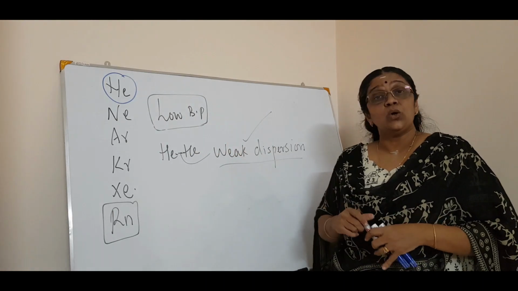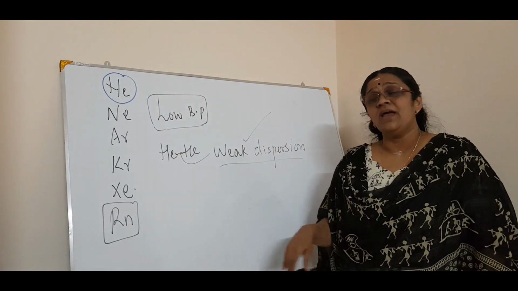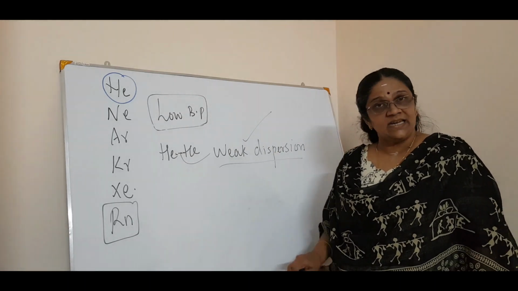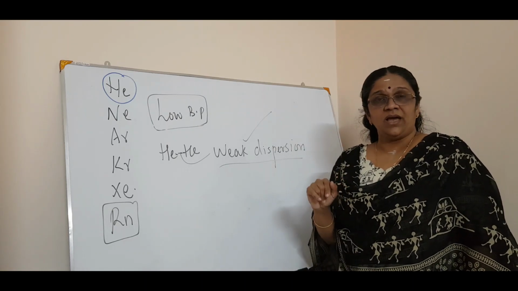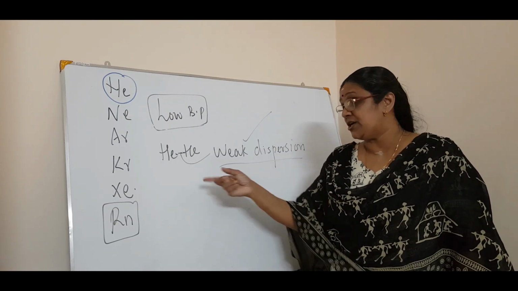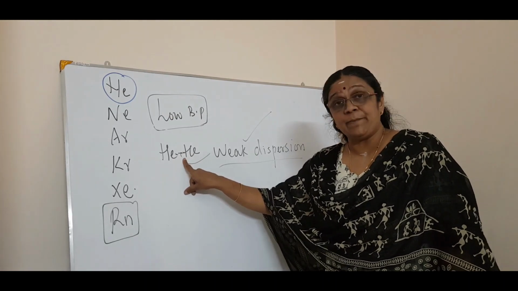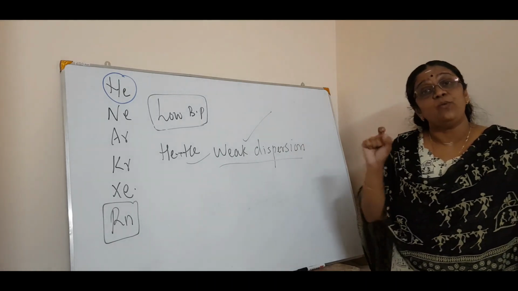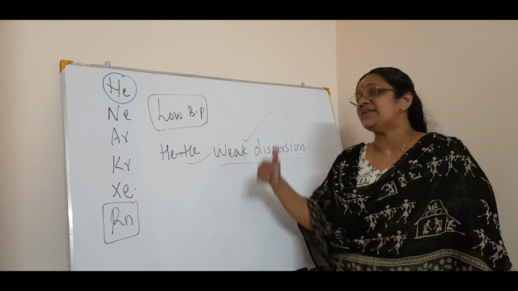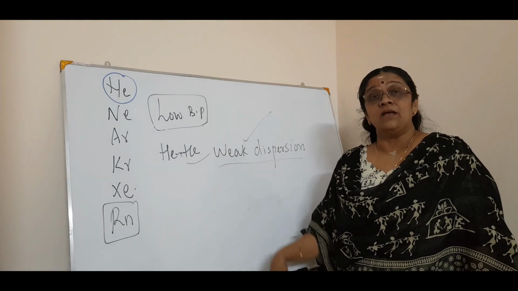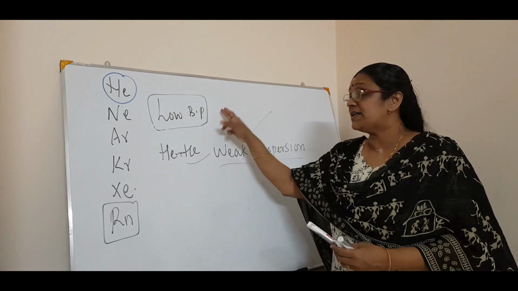So it has a low boiling point. That is the only point to remember in this. It is monoatomic and has low volatility boiling off at very low temperature, because there is very weak attraction between them. So it has a low BP and high volatility.